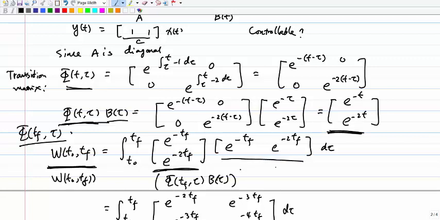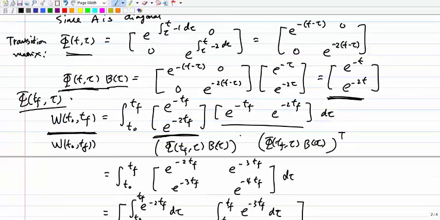That's what we have. So W(t0, tf) is the integration from t0 to tf of phi(tf, tau) B(tau) times phi(tf, tau) B(tau) transposed.